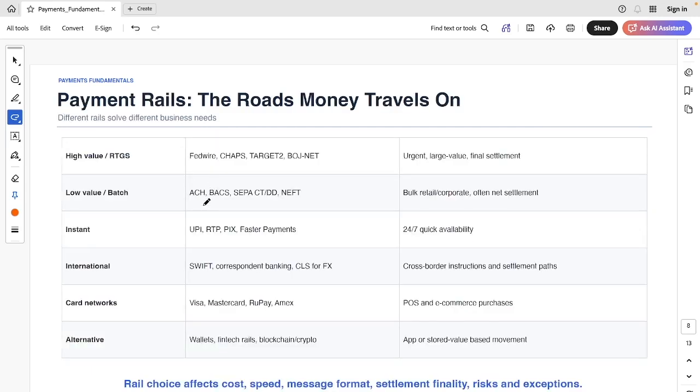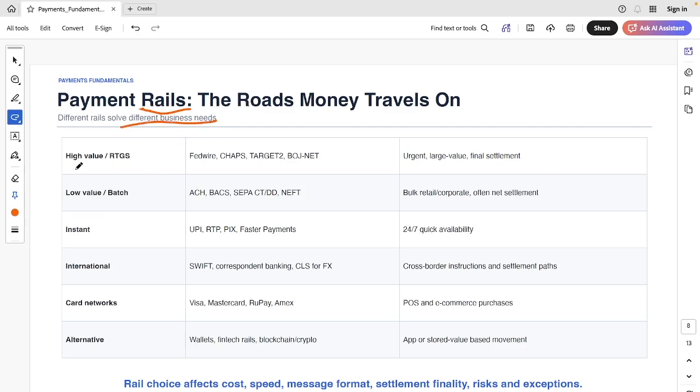Coming to the payment rails, by rails we basically mean the path, the road. Similarly, payment rails are basically the roads or networks on which payments travel. Different rails are used to solve different business needs.